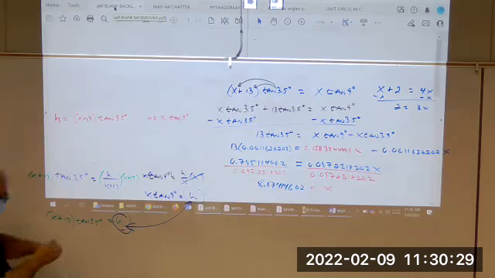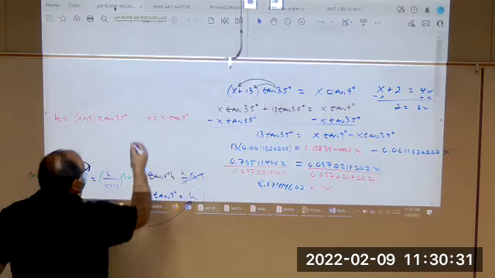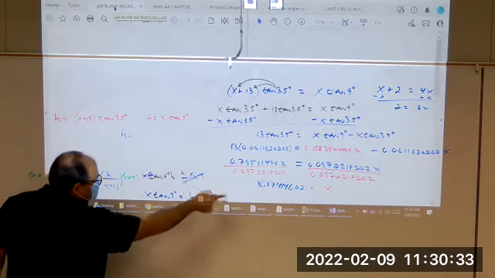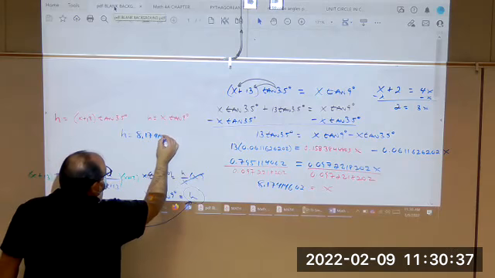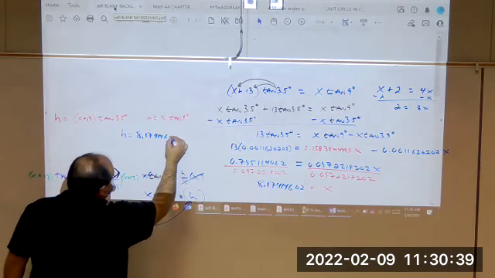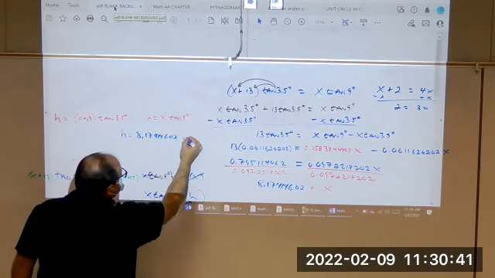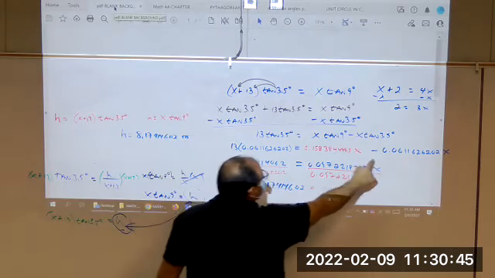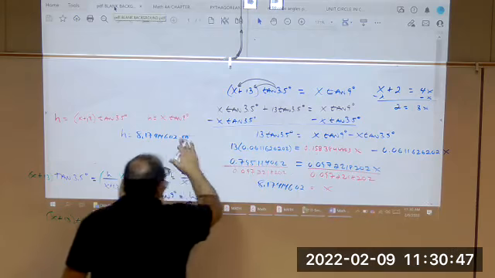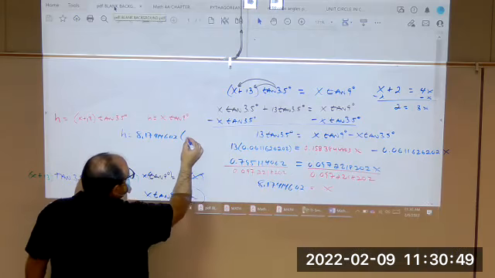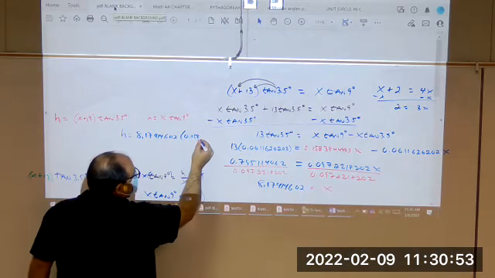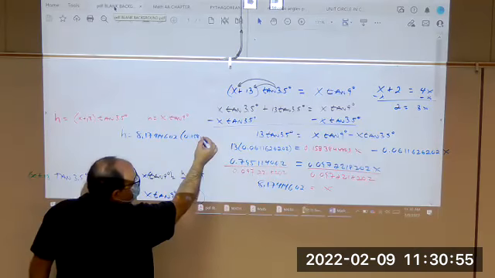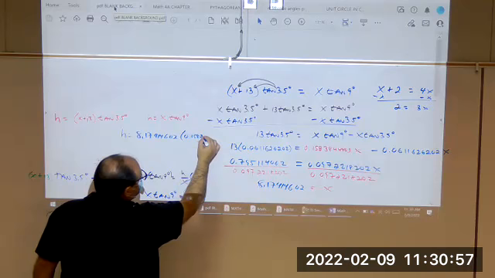Here, the height is supposed to equal the x that we found, 8.17414 times the tangent of 9. And the tangent of 9 was right here, 0.1583844.